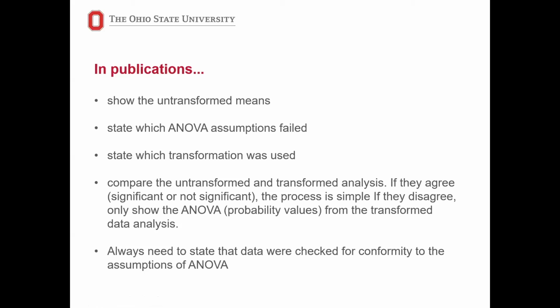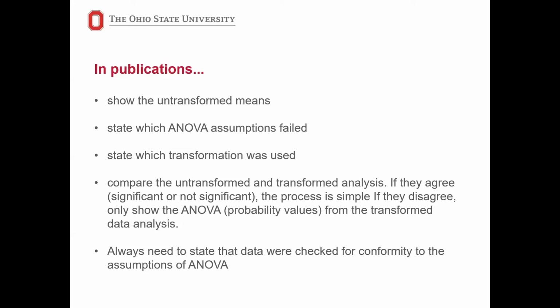You wouldn't necessarily need to show or describe all of the transformations that you tried. It's simply sufficient to say that you failed the ANOVA assumptions, you made a transformation, and that transformation was successful, for the purposes of reporting.